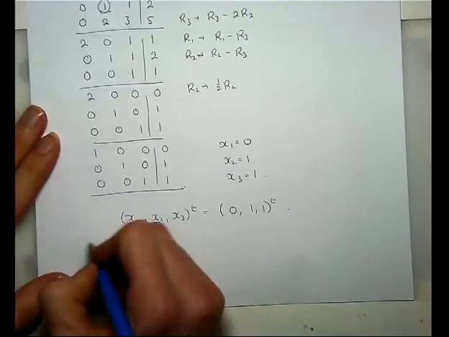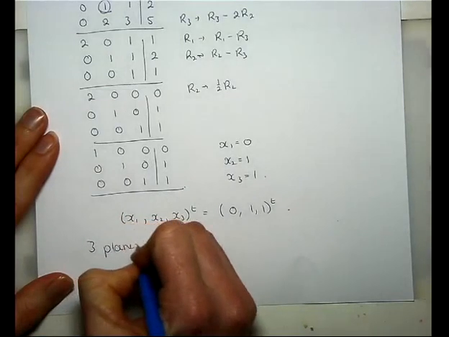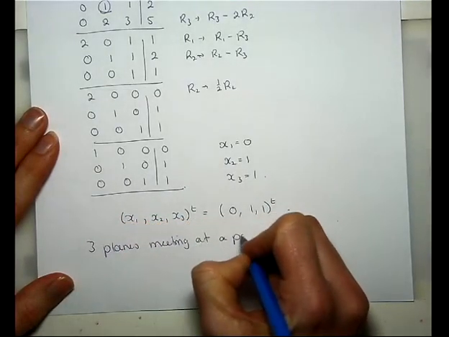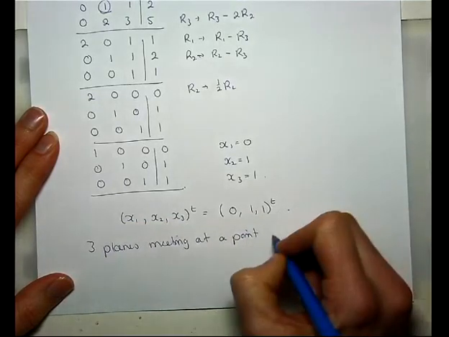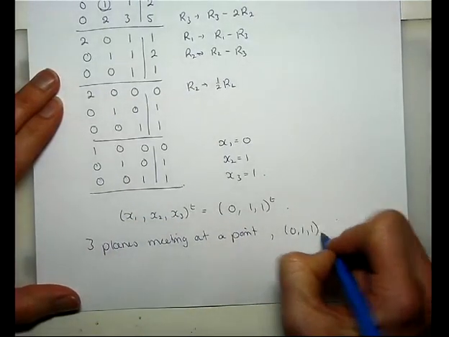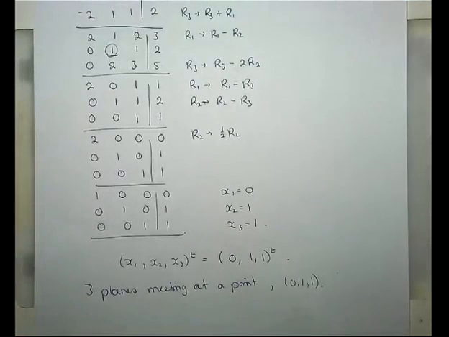Nobody who wants a lolly. All right, 3 planes meeting at a point. Which point are they meeting at? 0, 1, 1. Okay, that's the point they're meeting at. So in normal 3D geometry, 0, 1, 1.